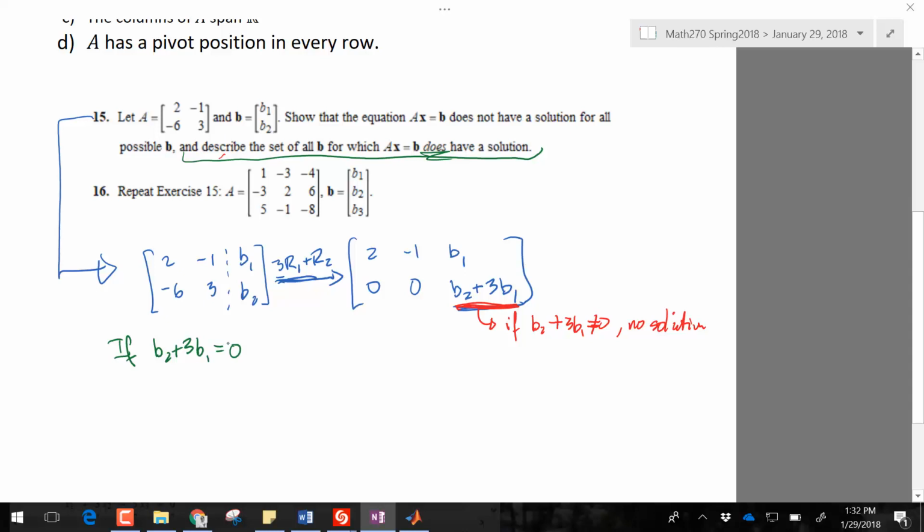So if this is equal to 0, then what do we have? Solutions. Then we have many solutions.